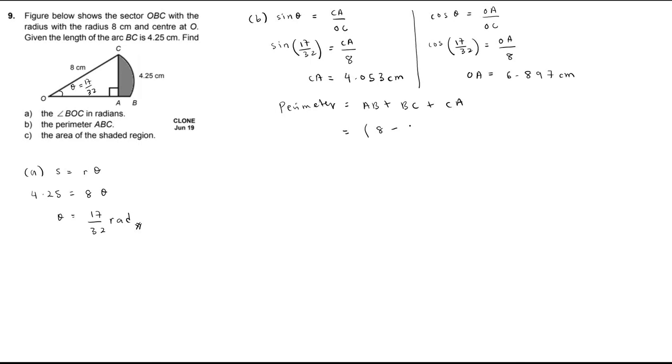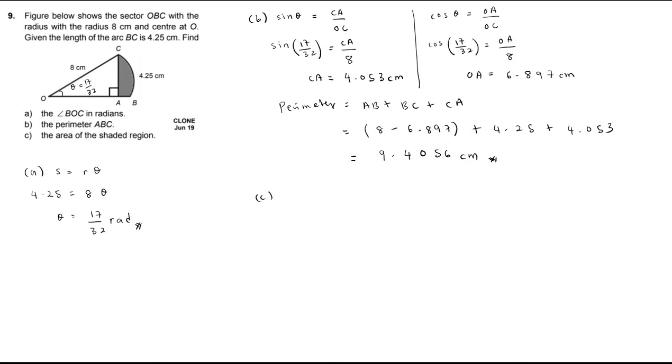So 8 cm minus 6.897 plus the length of BC. BC is 4.25 and lastly CA 4.053. And the total we get around 9.4056 cm.